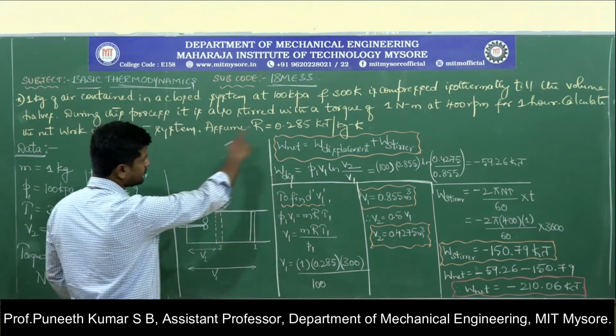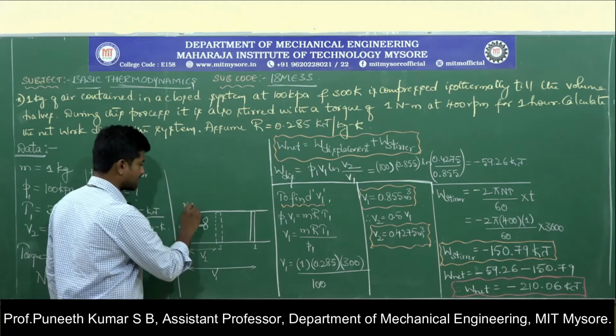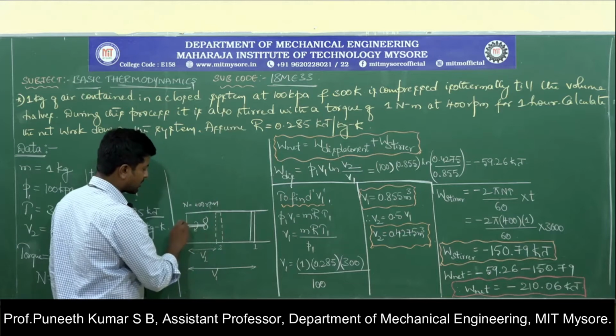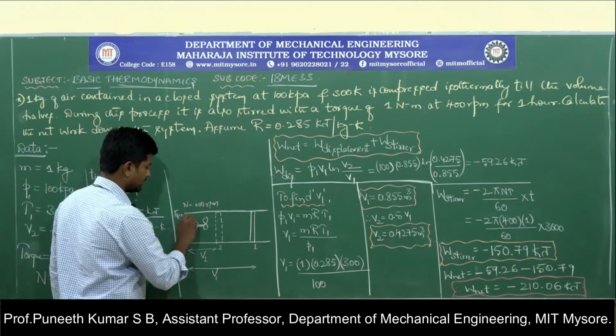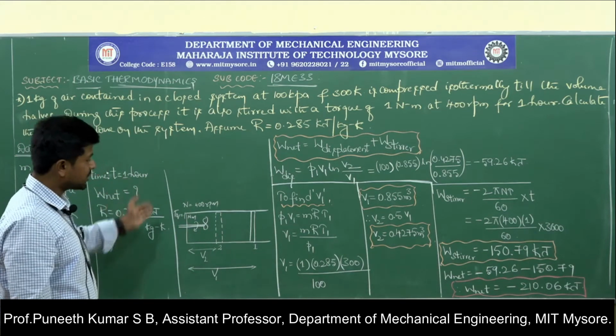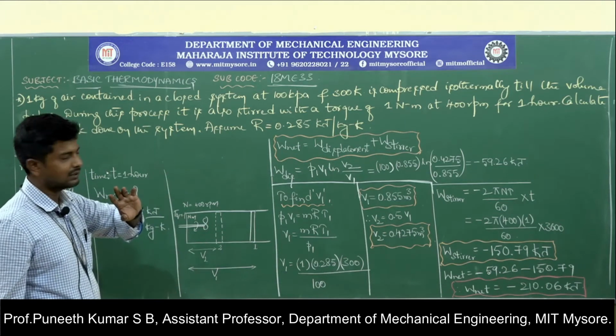Next, this is running at a speed of N equal to 400 RPM and the torque provided is 1 Newton meter. And the duration of time in which it is made to run is 1 hour.